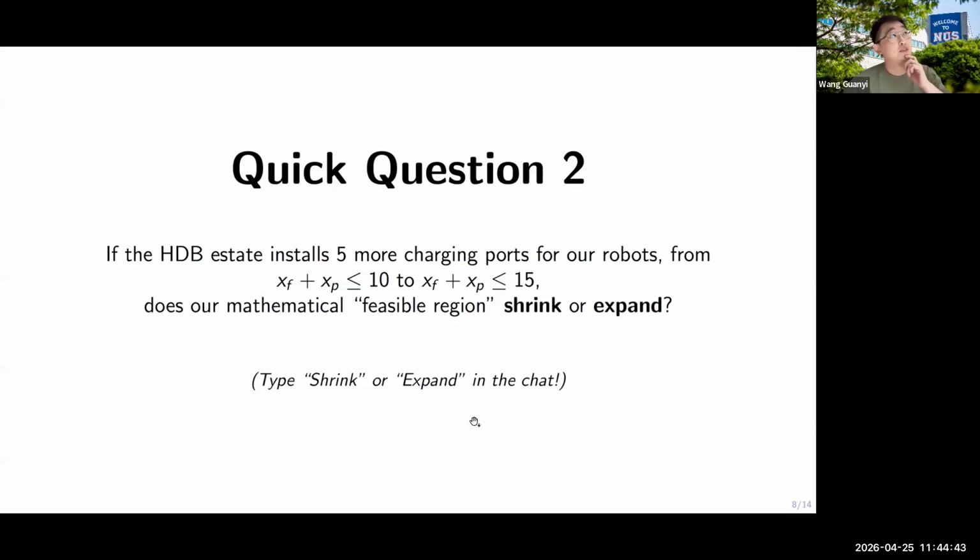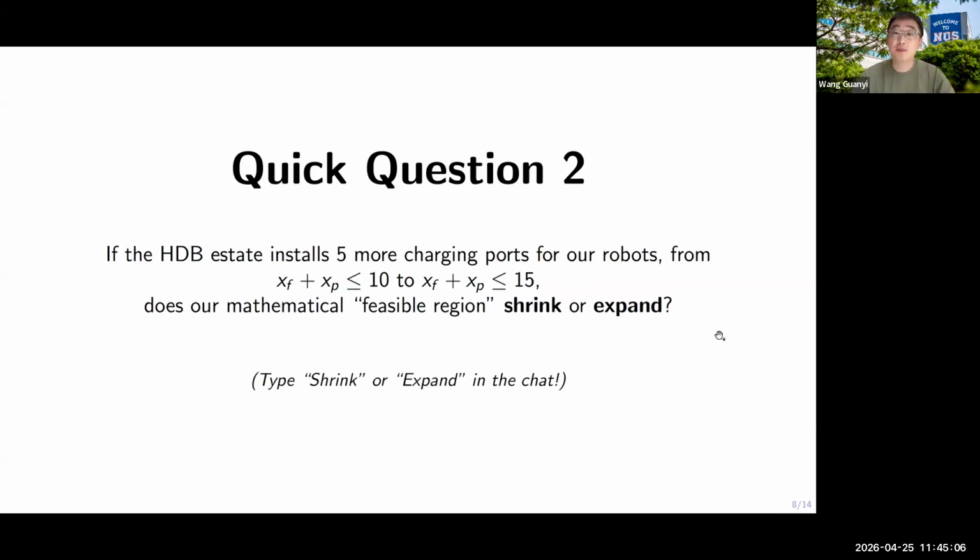More briefly, the frequency multiplied by the number of robots would be your little x under script f, and similarly the little x under script p.